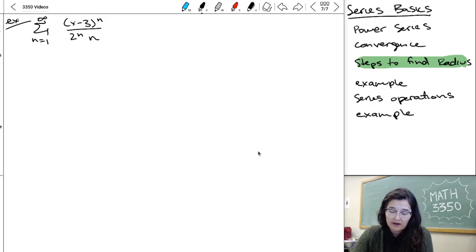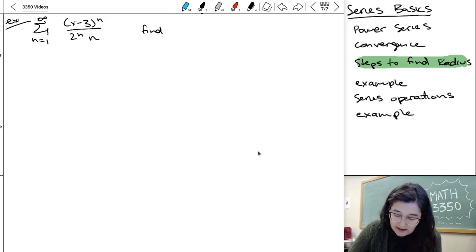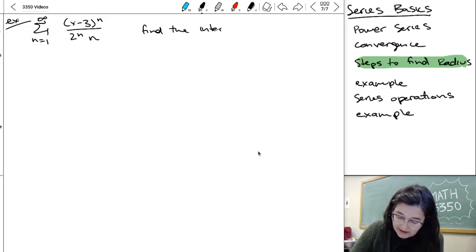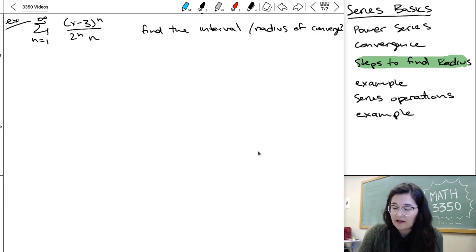We can note that for this series, if we want to find the interval or radius of convergence, we're going to have to note what are our coefficients, what is our a, in order to find that radius and interval.